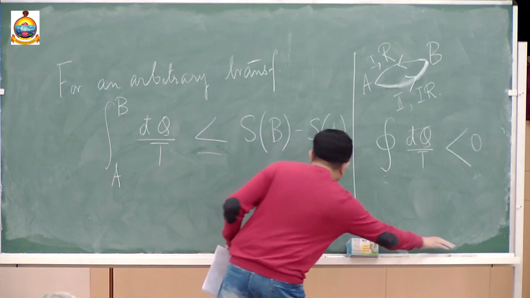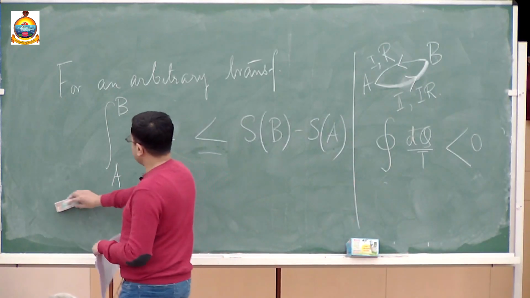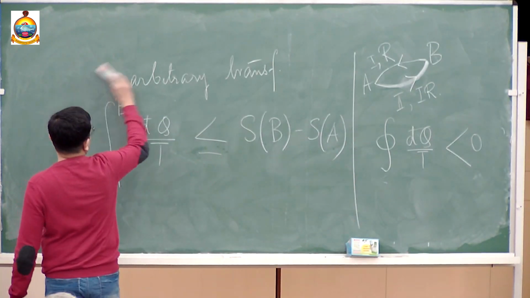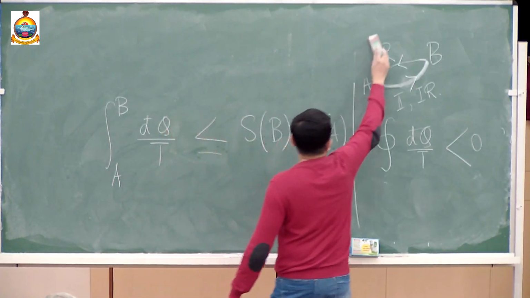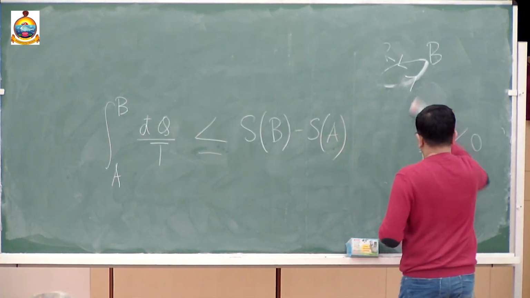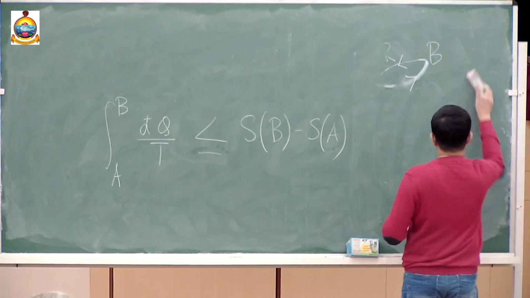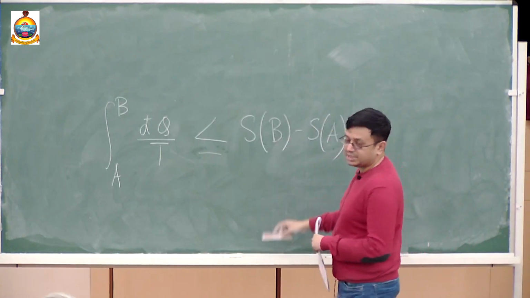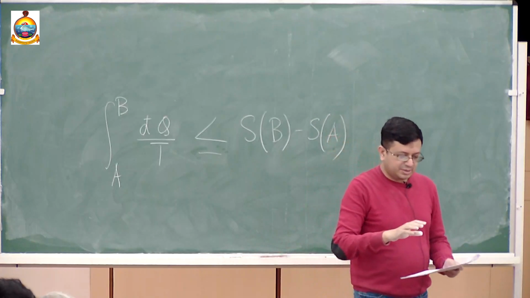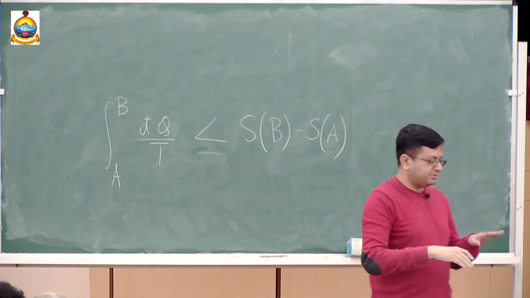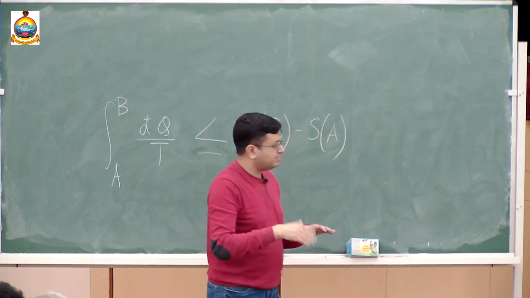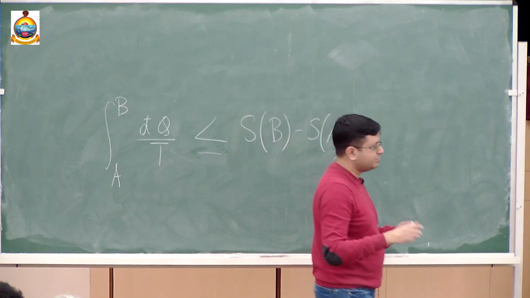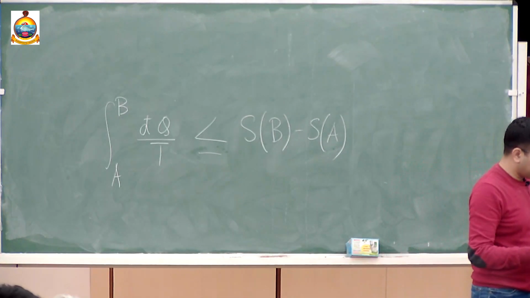And this also allows me to prove this statement: if the transformation is taking place in thermal isolation, I mean the state of the system is changing, you start from an equilibrium state and do some quasi-static transformation, it doesn't have to be reversible, could be irreversible.